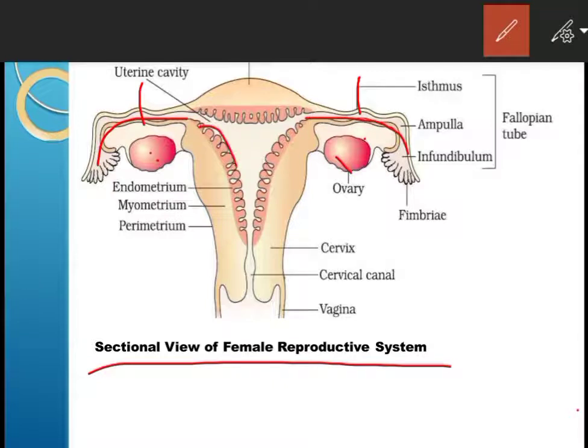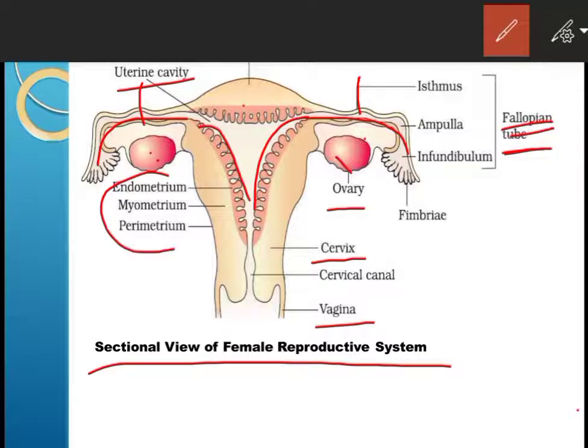And it opens into a structure which is inverted pear shape, and that is known as uterus. First ovary, then it opens into fallopian tube, then uterus. Uterus then opens into cervix, and through the cervical canal, cervix opens into vagina.